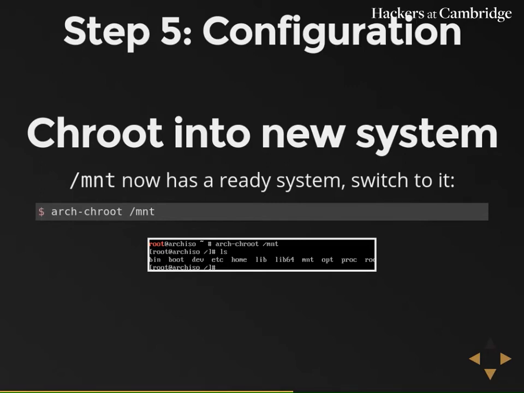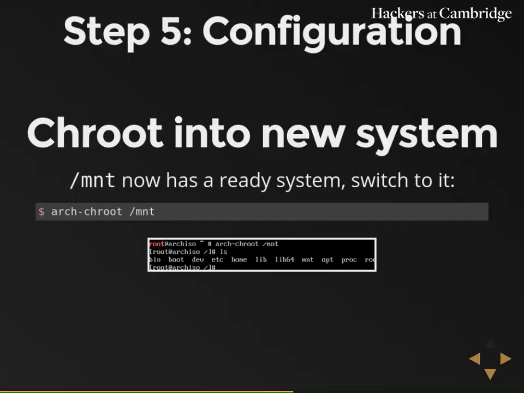So what we can do is change root into our new system so that we use its programs and its files, and also we're root, so we can do anything we like. The term for that is chroot, or change root. So we're effectively changing where our root directory is. And for that we'll use the command arch-chroot, and obviously since /mnt contains our system, we're chrooting into that.